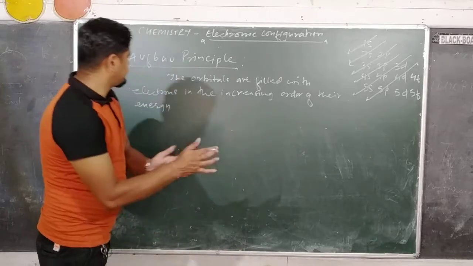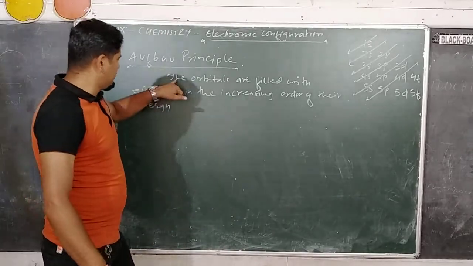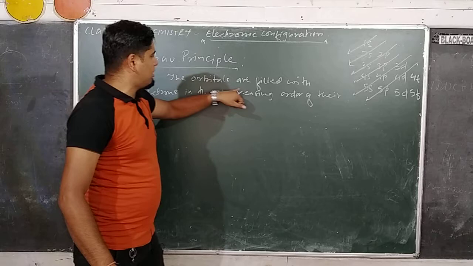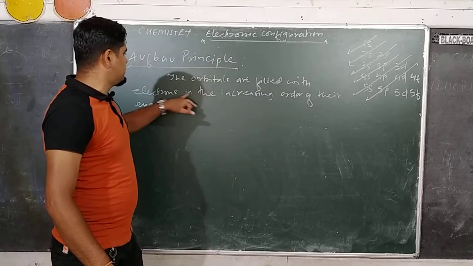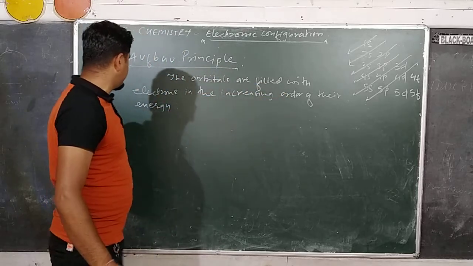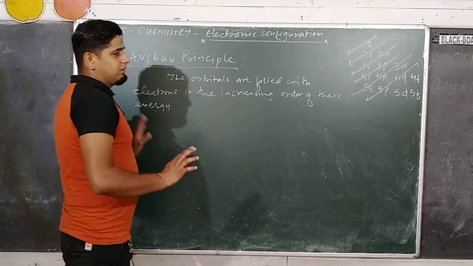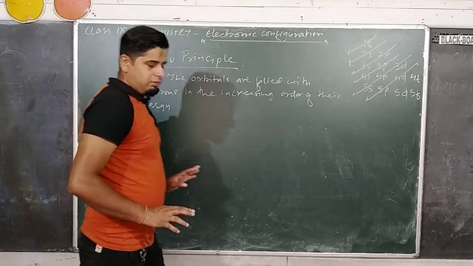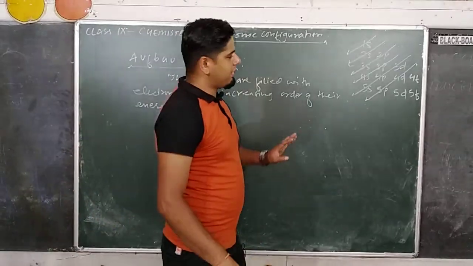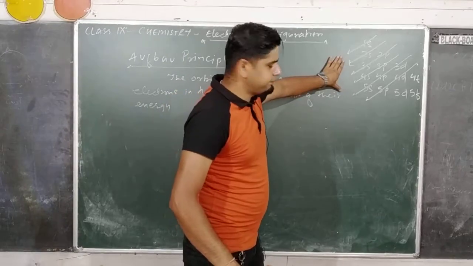Look at the board. It is written like this: the orbitals are filled with electrons in the increasing order of their energy. So the energy diagram for the different orbitals is given here.